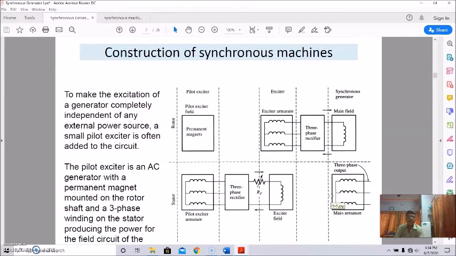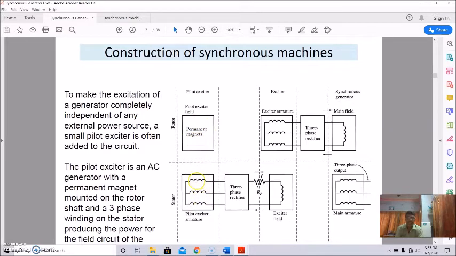So now, to make the excitation of the generator completely independent of any external power source, a small pilot exciter is often added to the circuit. The pilot exciter is like this: the pilot exciter armature is on the stator, and its field is on the rotor side, which is nothing but permanent magnets.